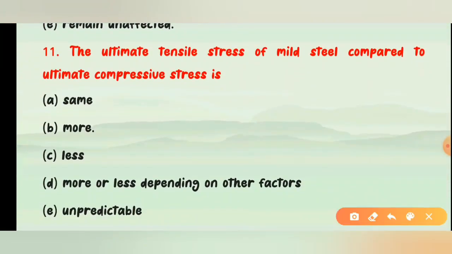Next, the ultimate tensile stress of mild steel compared to ultimate compressive stress. Normally, in the case of mild steel, tensile stress is more than the compressive stress. So option B is the correct answer.